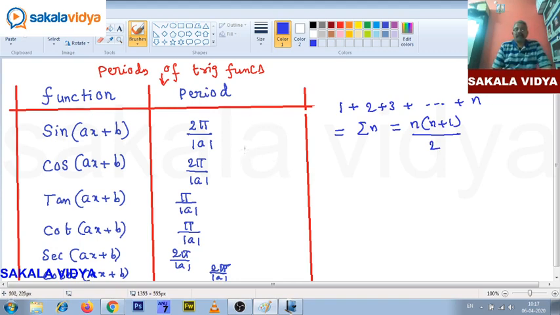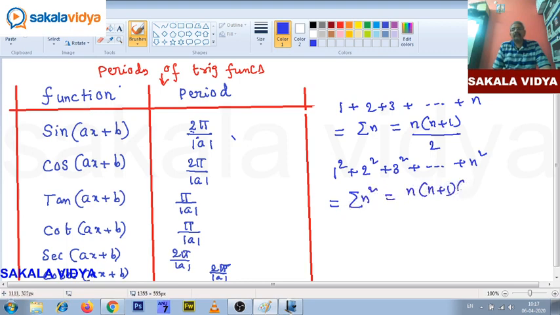Next we have 1 square plus 2 square plus 3 square plus and so on up to n square, which is sigma n square. This is equal to n into n plus 1 into 2n plus 1 upon 6.